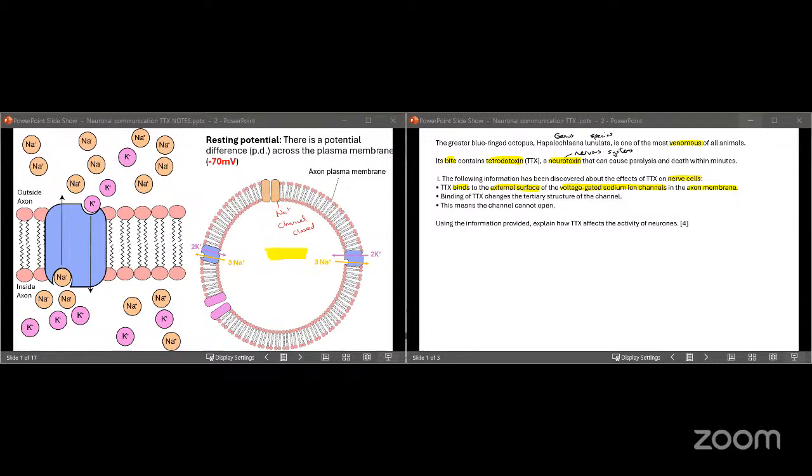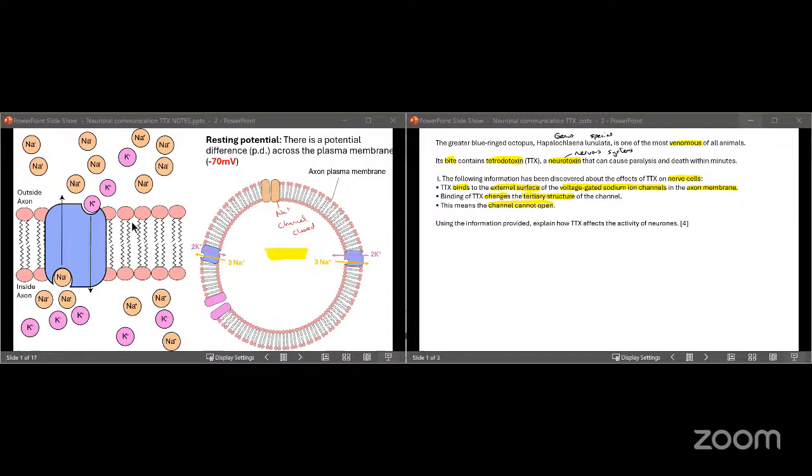That binding is going to change the tertiary structure, and this means that the channel cannot open. So they're giving us lots of information in this question and then asking us to use that information and our own knowledge to explain how that's going to affect the activity of a neuron.